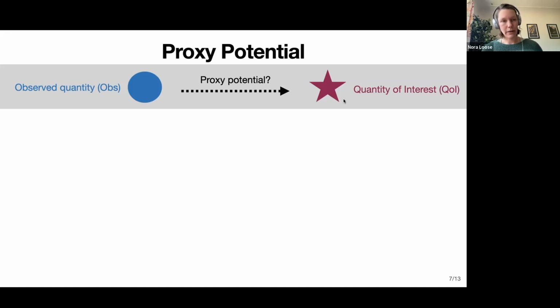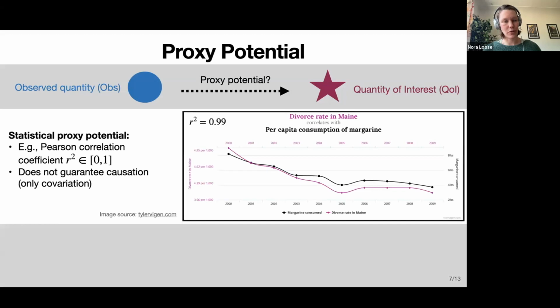Conventionally, proxy potential is assessed using statistical tools, for example, correlation. Statistical tools are often super useful, but the problem is that they do not guarantee causation, only covariation. There are many examples of spurious correlations, and one is shown here on the right, namely that the divorce rate in the US state Maine correlates with the per capita consumption of margarine. The correlation, the R squared, is 0.99.